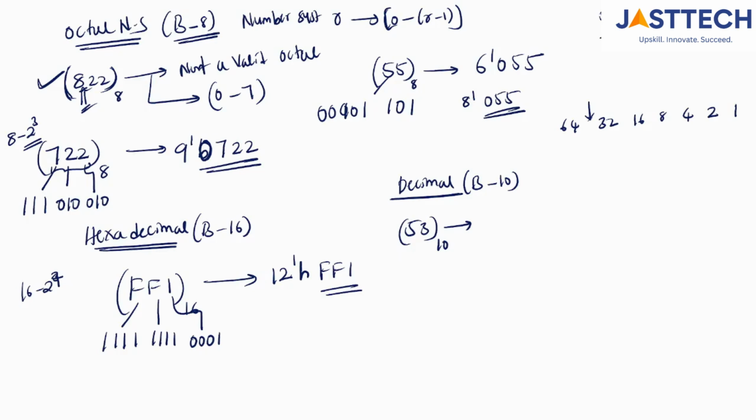So how many bits will it take? 1, 2, 3, 4, 5, 6. So I can write 6'decimal 53. Like this we will represent.